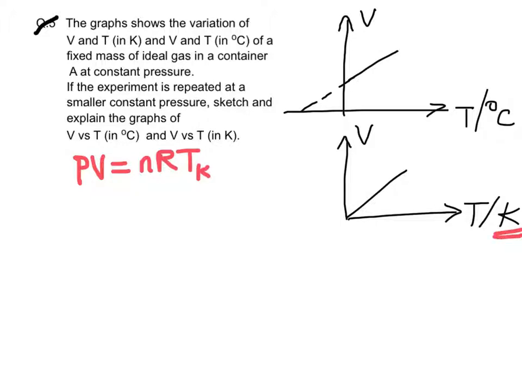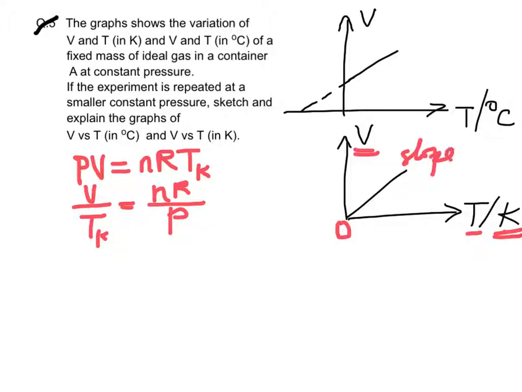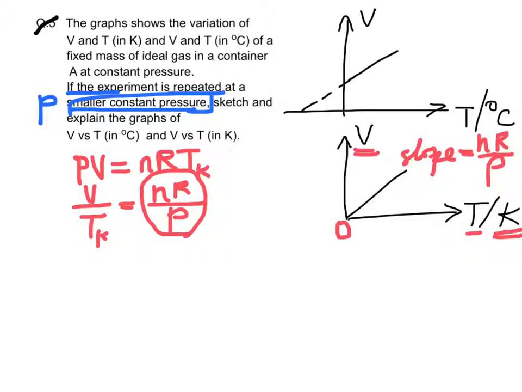We have V over T equal to nR over P. For the graph of V against T in K, it is a straight line passing through the origin, and the slope of this graph is equal to nR over P. If the experiment is repeated at a smaller constant pressure P, that means P decreases.